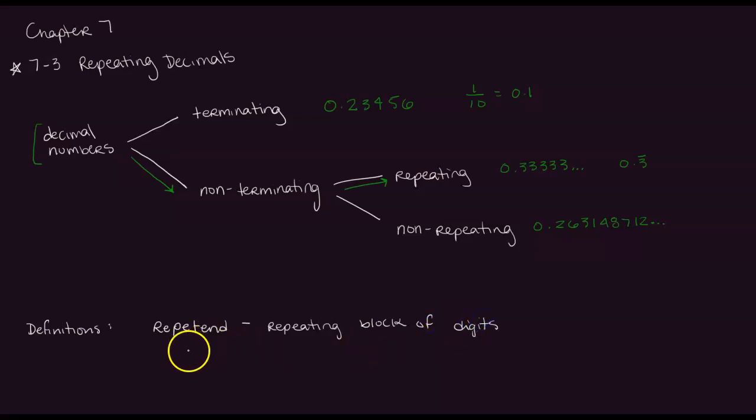For example, maybe I'm looking at a number like 0.147 repeating. You can see that there's a pattern, and we can see that the pattern comes from the 3 digits 147 repeating. So this is our repeatend.